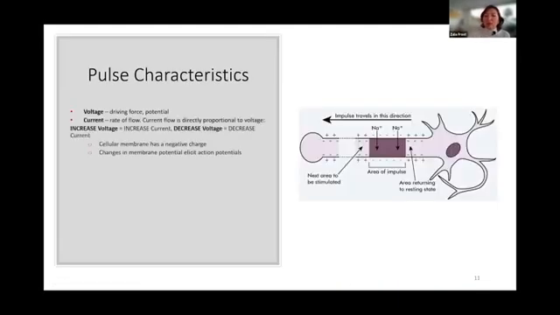Additional pulse characteristic we look at is voltage. It's very, very important in our work. Voltage is the charge across the membrane, yes? When nerve tissue conducts an electrical impulse, it propagates the charge by changing the ionic balance, sending it like a gossip along the axon of the neuron.